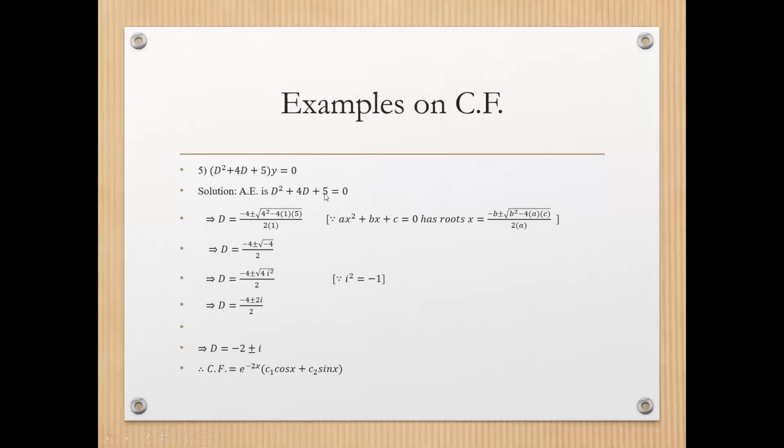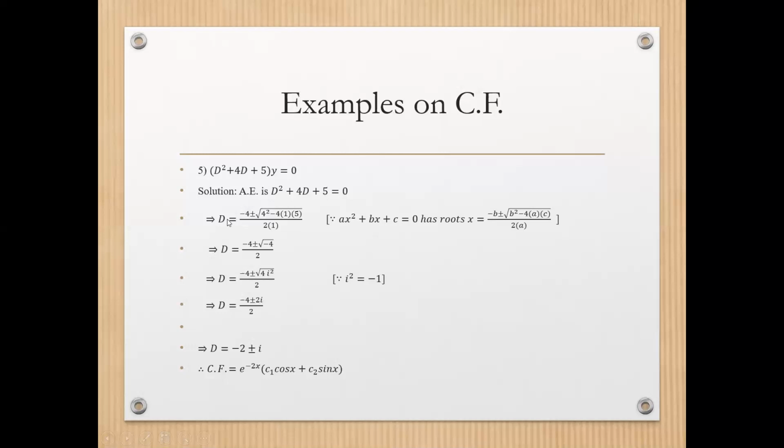This is a polynomial in x, and this is a polynomial in D, so in place of x we are using D. Here a is the coefficient of the square term, which is 1, b is the coefficient of D, which is 4, and c is the constant, 5.